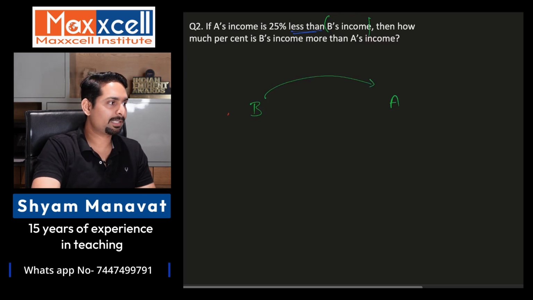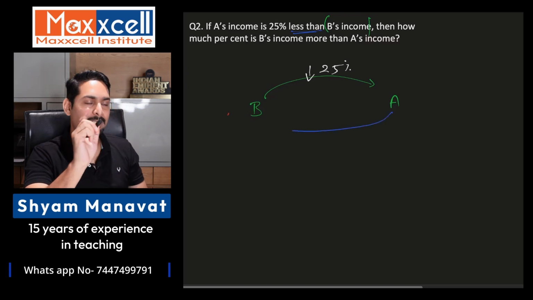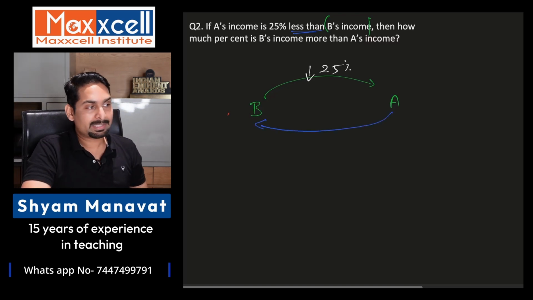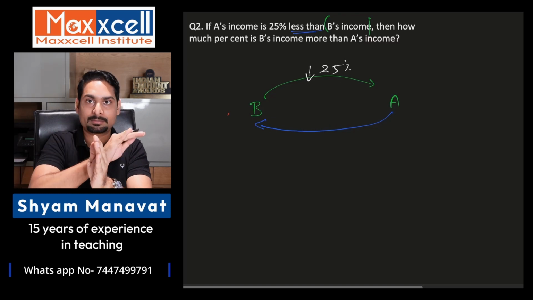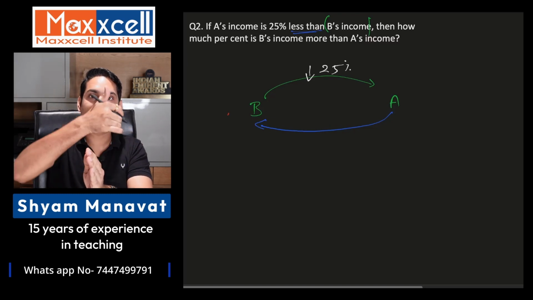So to get A, this should be less by what? 25%. Correct? Now to get B from A, first tell me, should it be an increase or decrease? From A, if I want B, should that be an increase or decrease?